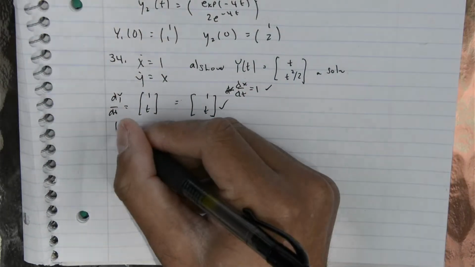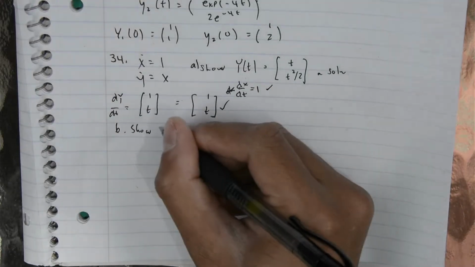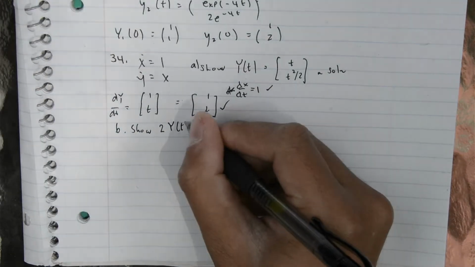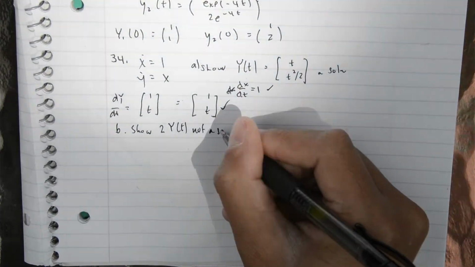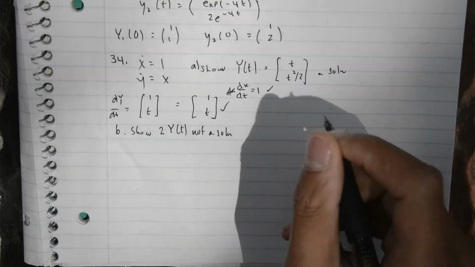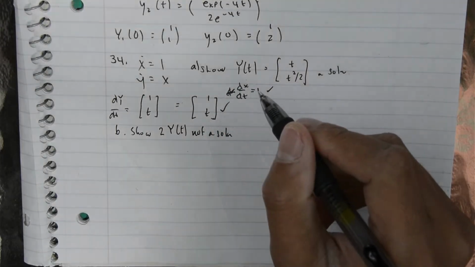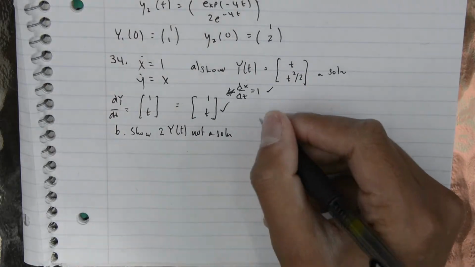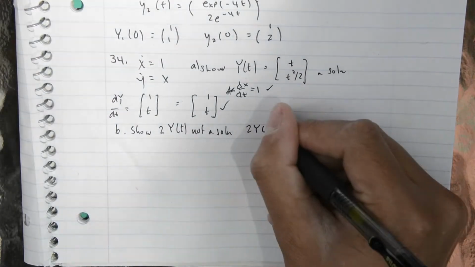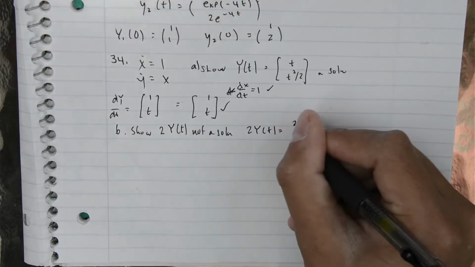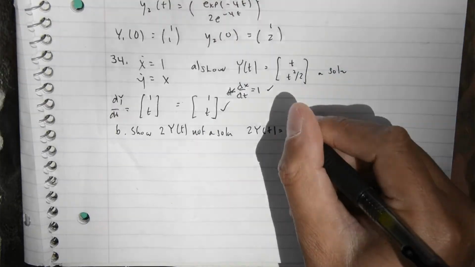Now part B is show 2y of t is not a solution. So this shows basically that this system is not linear. 2y of t is equal to 2t, t squared.